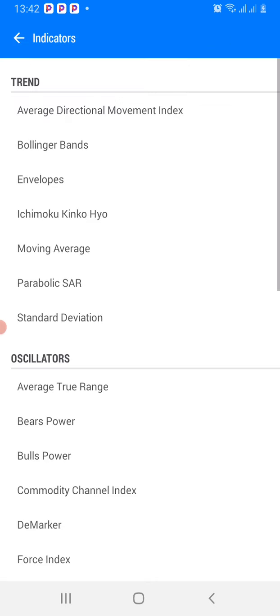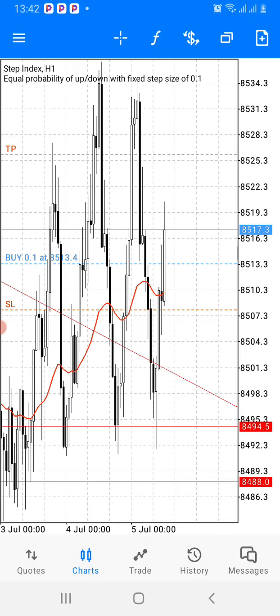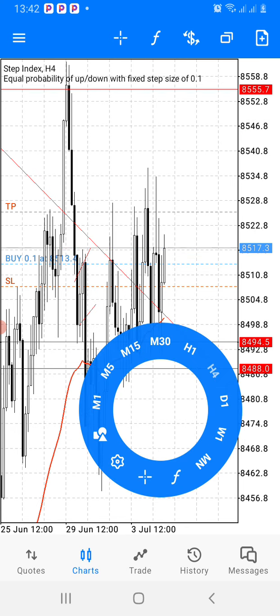So the indicator you just need is a moving average. A 40 EMA, that's the 40 exponential moving average applied to close, style 3 pixel, the color red. This can just help you understand what you need to do. So when you get this up and down move on a 1 hour time frame, or on a higher time frame like the 4 hour time frame as well, you can see it's giving us the same thing.